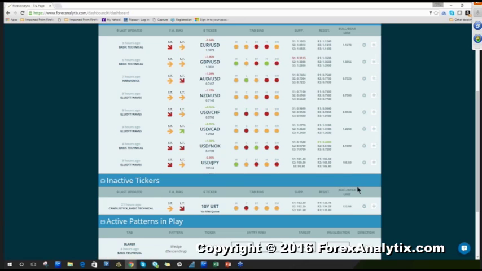That's the thing about using different types of analysis: you will have some crossover, and they may not complement each other. As a trader, it's important to understand that not everything is going to line up all the time. When things do line up, that's stacking the probabilities in your favor, and that's the point we're trying to get across here.